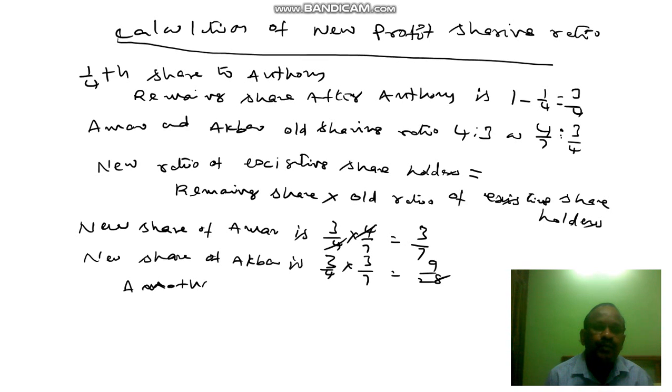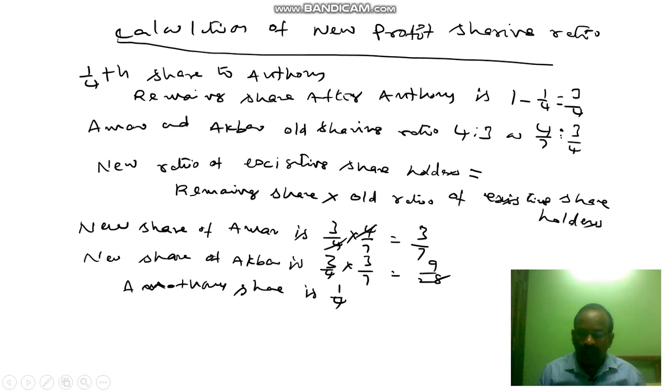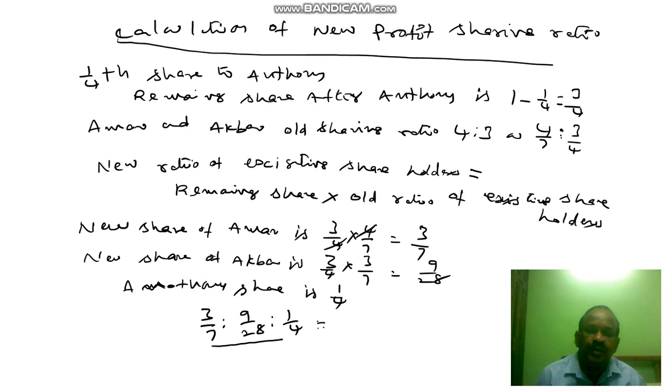Anthony's share is 1/4. So students, here all the denominators are not equal: 3/7, 9/28, 1/4. It is not equal, so that's why we are equalizing it.